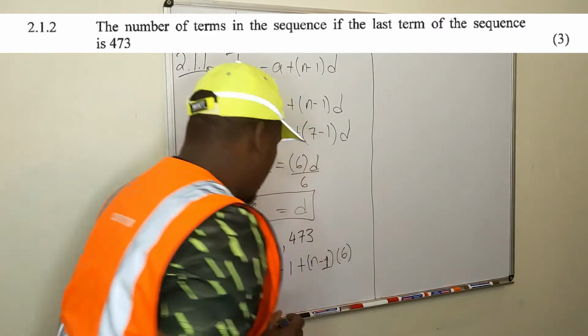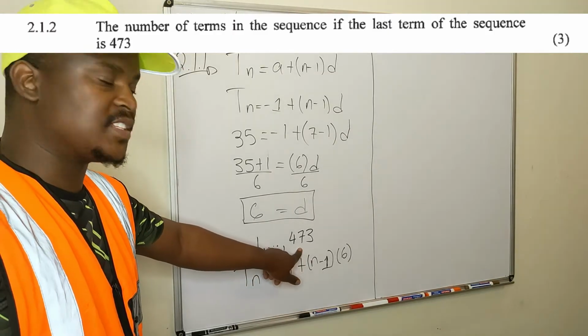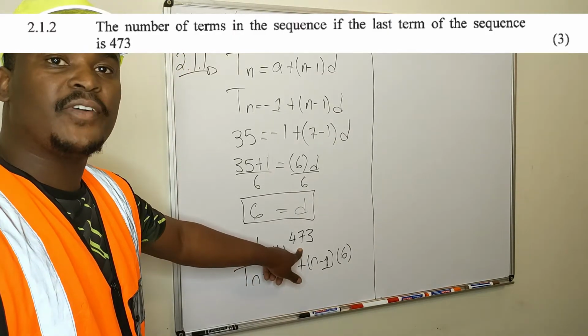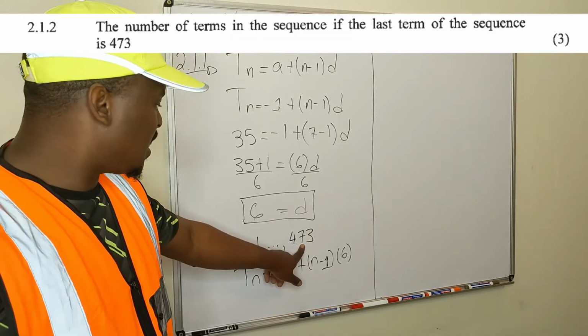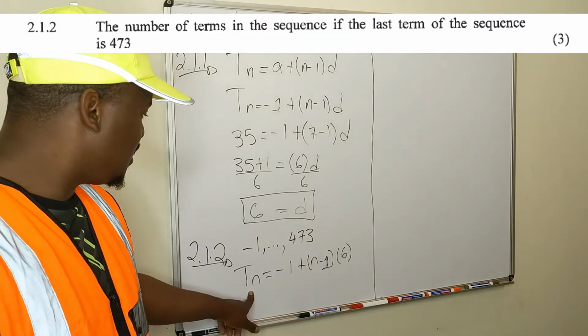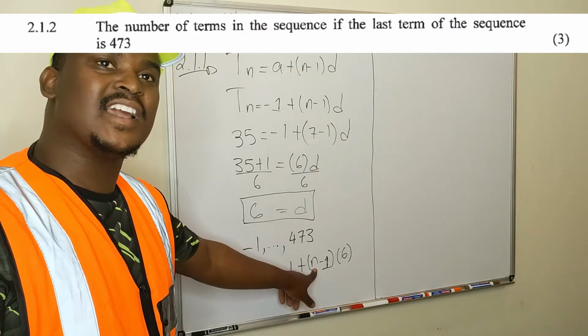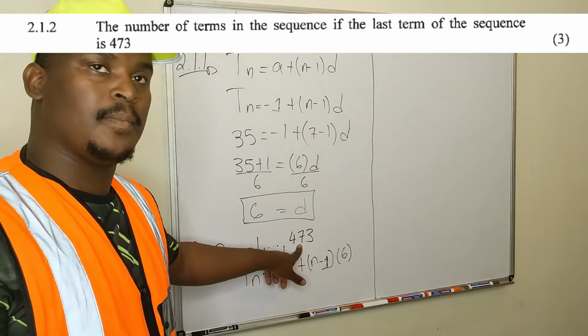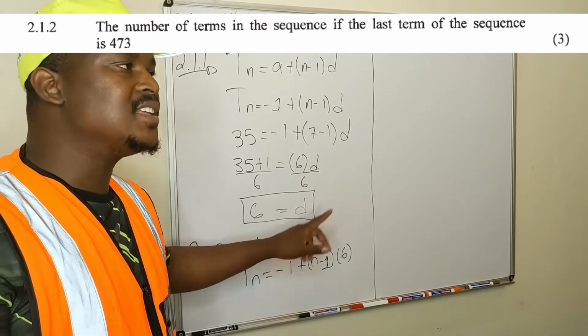You're told that this is the last term of the sequence, so now they want you to find how many terms are in the sequence. We take our last term and substitute it there, and the only thing missing will be the n. So n is telling us the position of this term in our sequence. It is the last term, so where is its position?